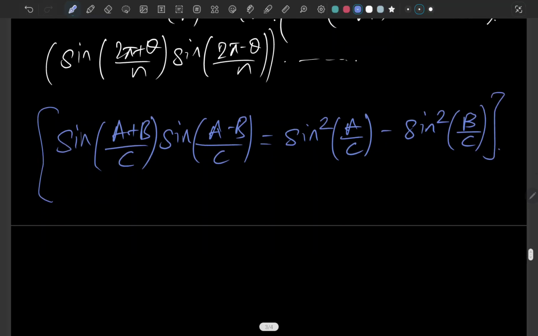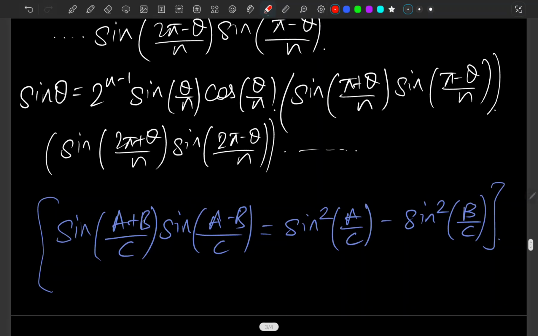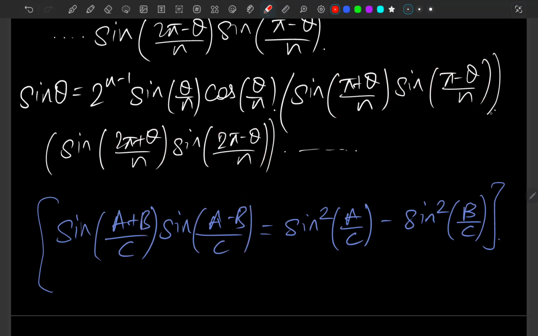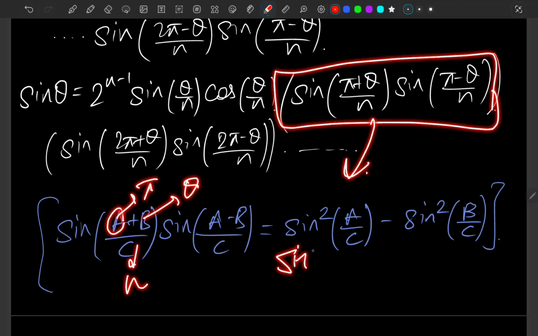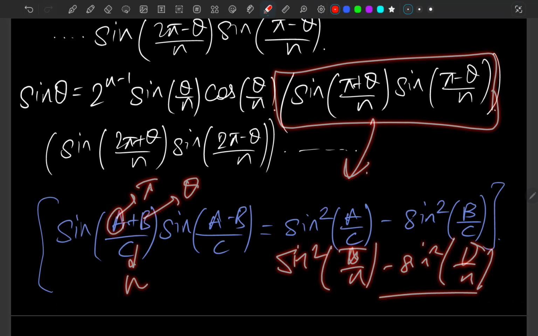So yeah, this is a pretty amazing result and identity. Basically we have a plus b over c as pi plus theta over n, 2 pi plus theta over n, and a minus b over c as pi minus theta over n, 2 pi minus theta over n. So here we have a as pi, b as theta, and c as n. So that can be represented as sine squared of pi over n minus sine squared of theta over n, right?